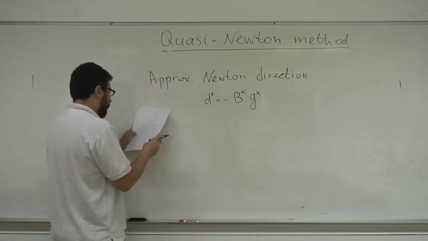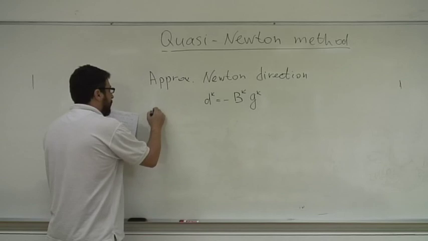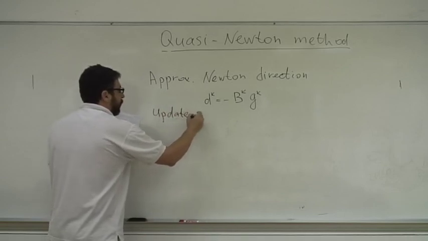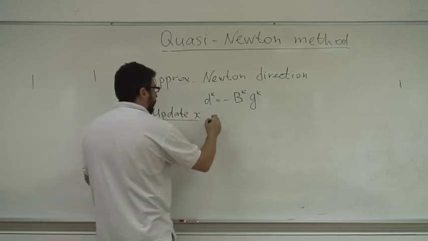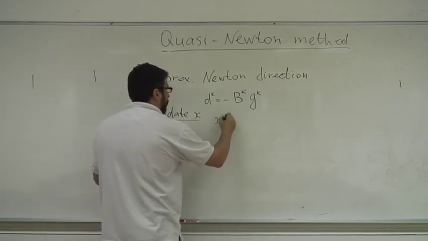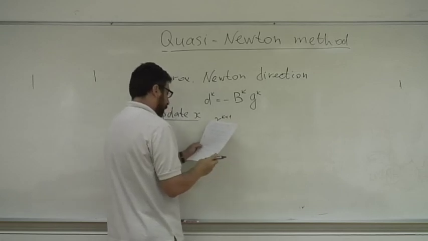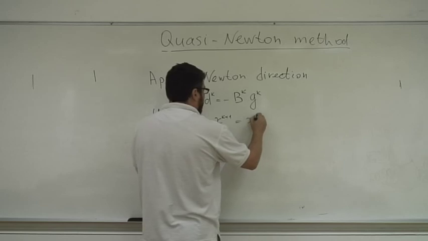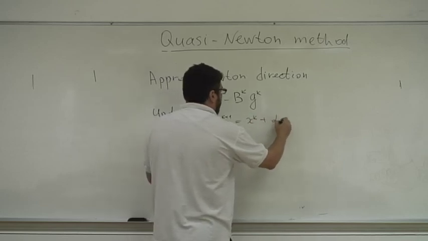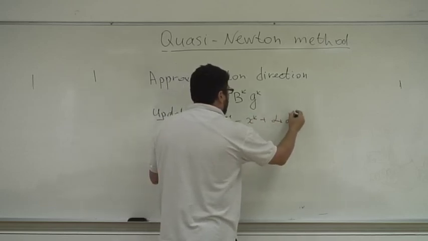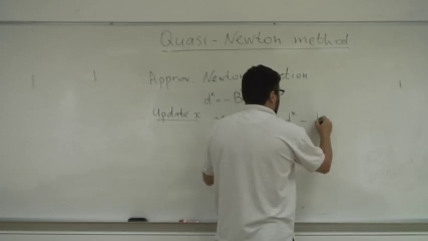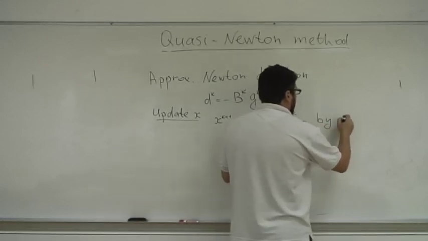And we update x: x k plus 1 by line search is equal to x k plus alpha k d k, with alpha k found by line search.